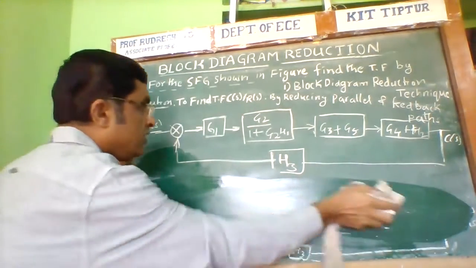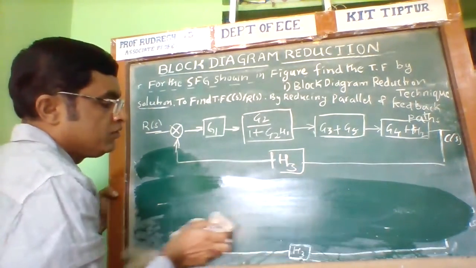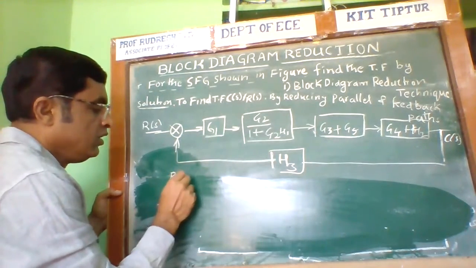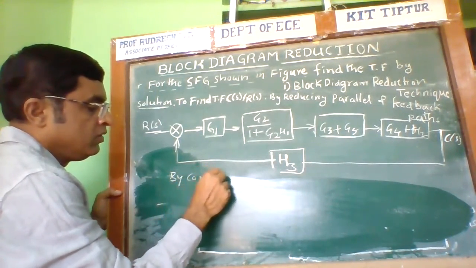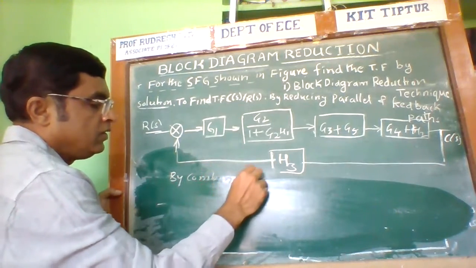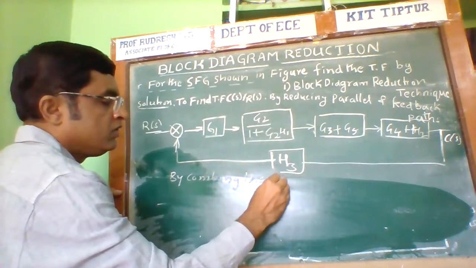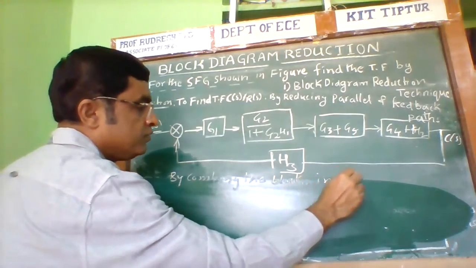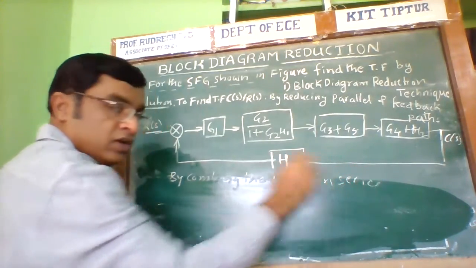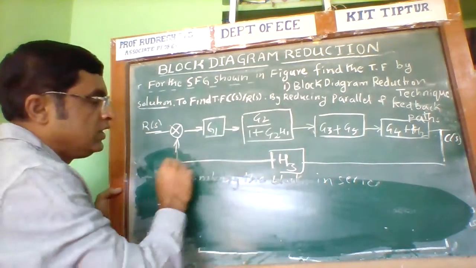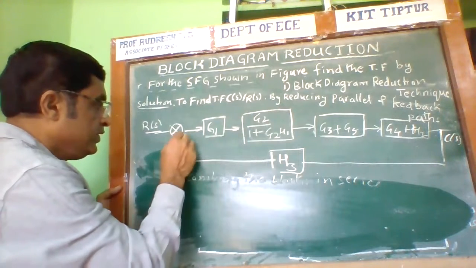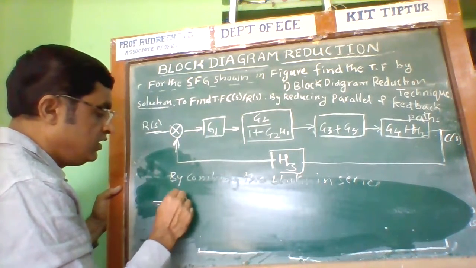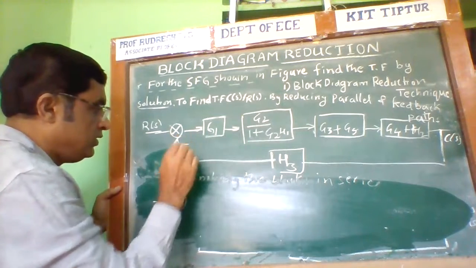In the next step, by combining the blocks in series, if the blocks are connected in series, we need to multiply them. As it is, you write out the summing point.